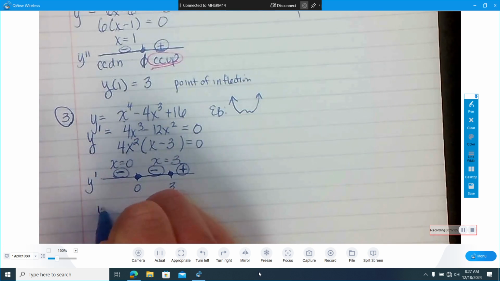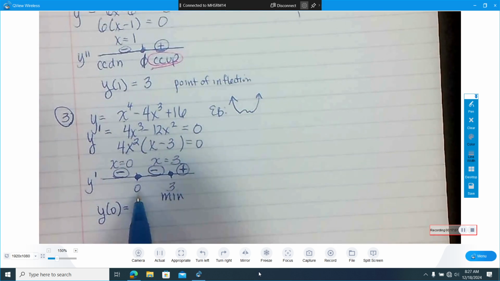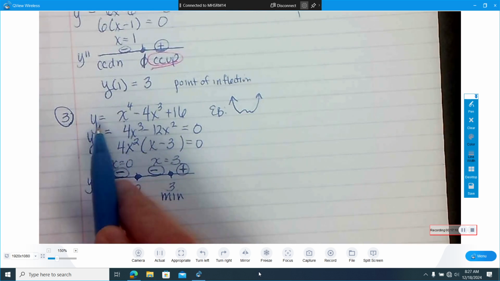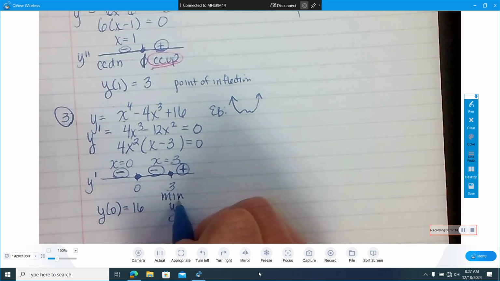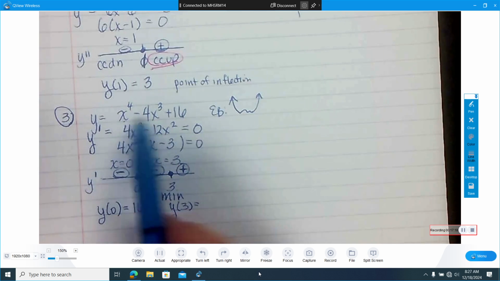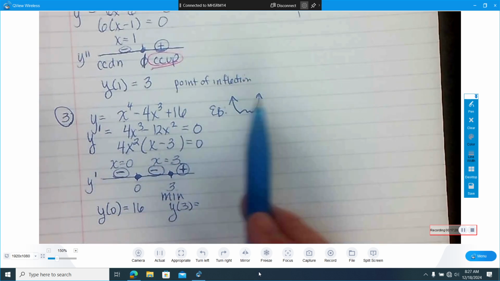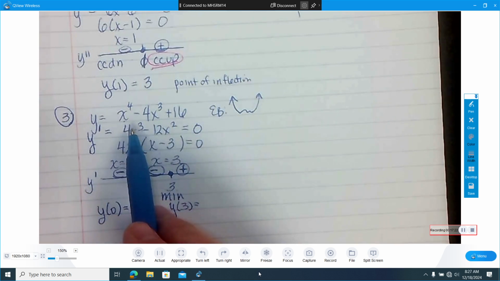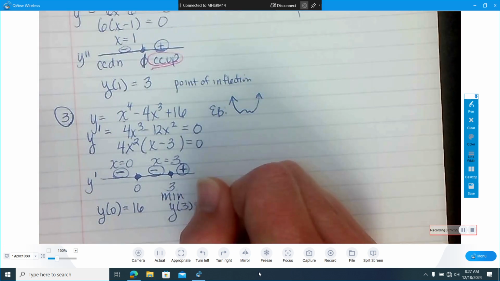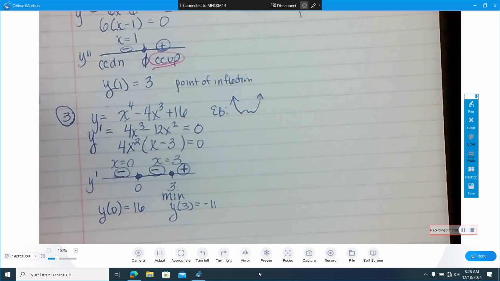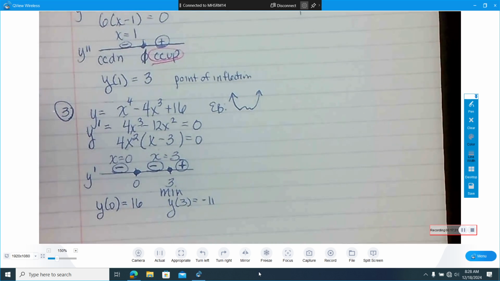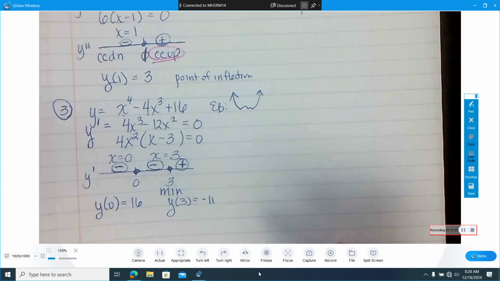I'm going to figure out what the value is at 0 because it's easy. I can just plug in zeros, and I get 16. And y at 3 is a little bit harder, but I did the math, and it's negative 11 when you plug in a 3. Those aren't really things that you need to know, but they are kind of helpful.